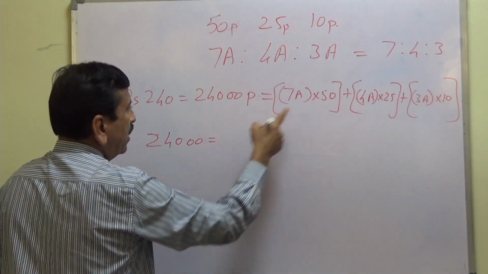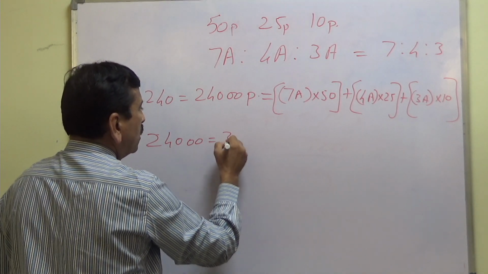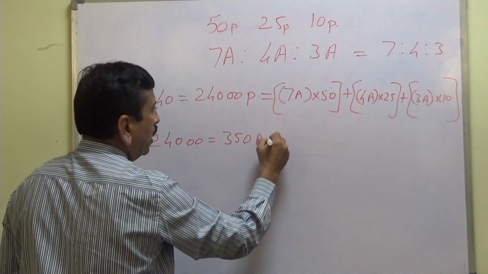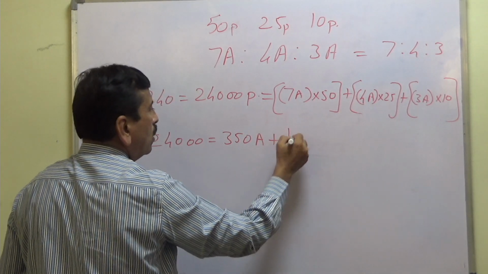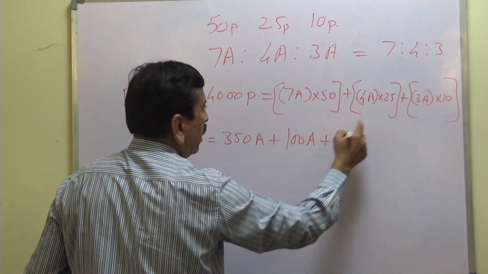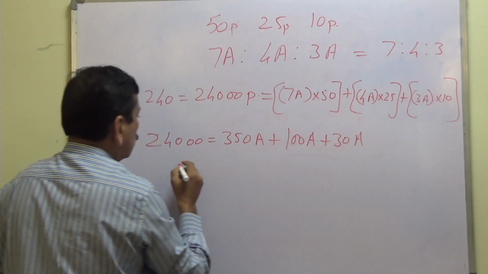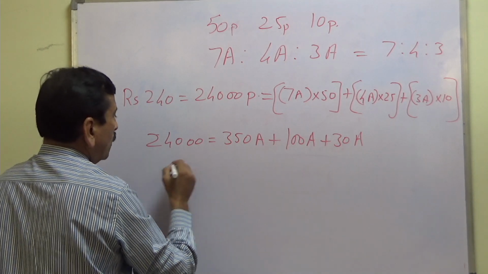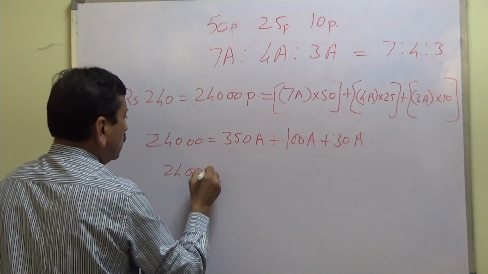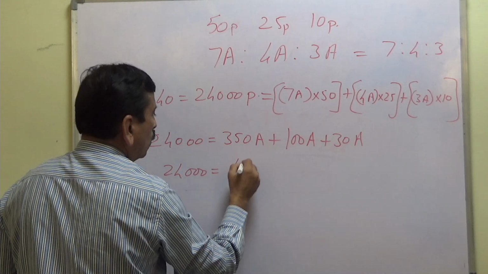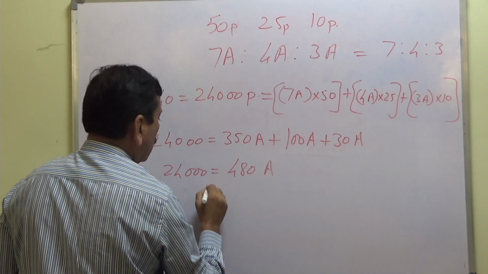24,000 paise, 50 into 7, 350A, 25 into 4, 100A, 10 into 3, 30A. So we get 24,000 is equal to 480A.